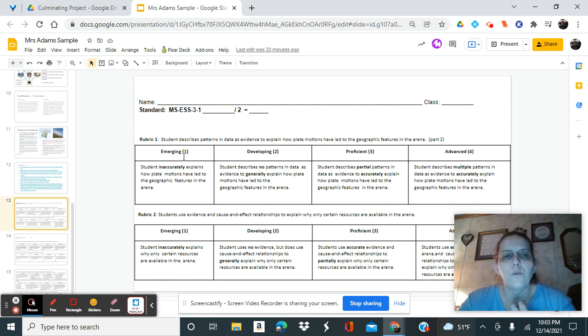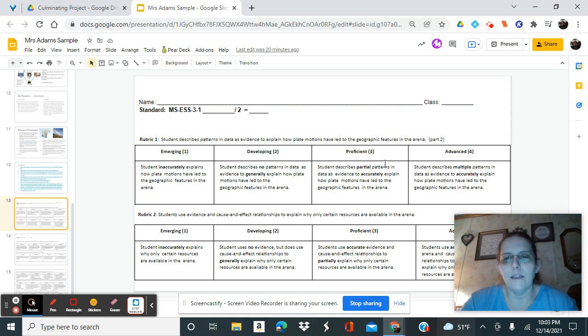So if you're looking for describing patterns of evidence to explain how plate motions lead to geographic features. So I asked you to tell me what geographic features you have in your arena, and then how can you explain how you have those geographic features?